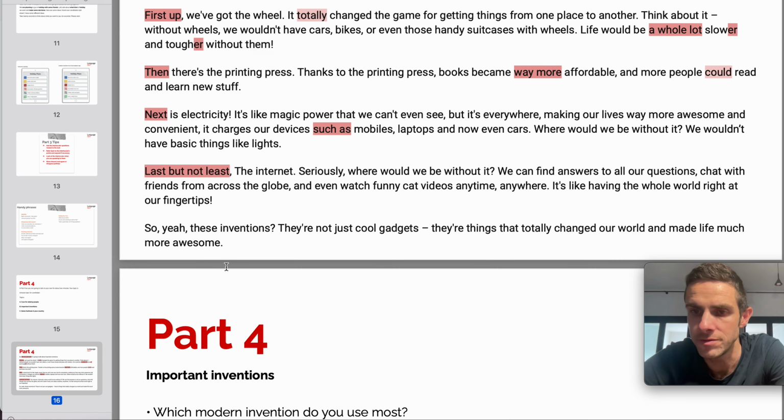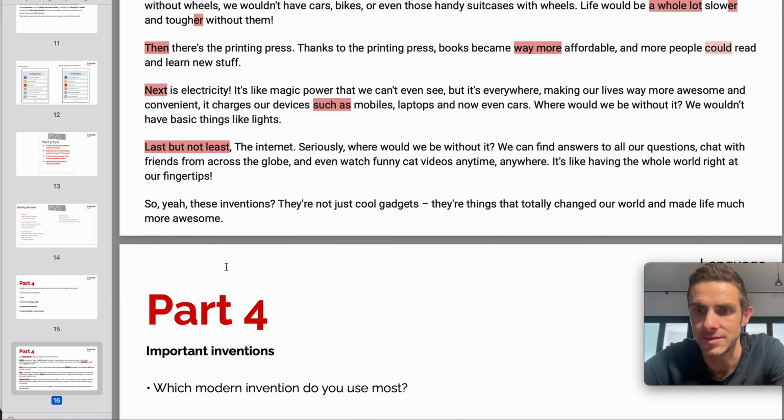Then to move on, I use next. Next is electricity. It's like magic power that we can't even see, but it's everywhere, making our lives way more awesome and convenient. It charges our devices such as mobiles, laptops, and now even our cars. Where would we be without it?